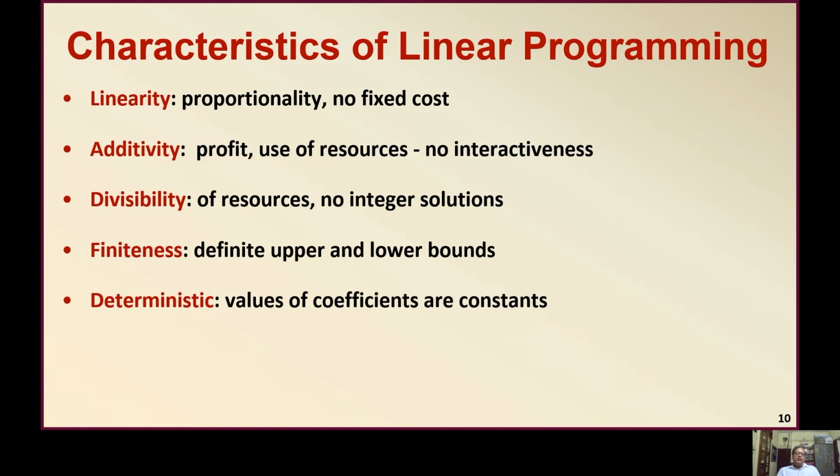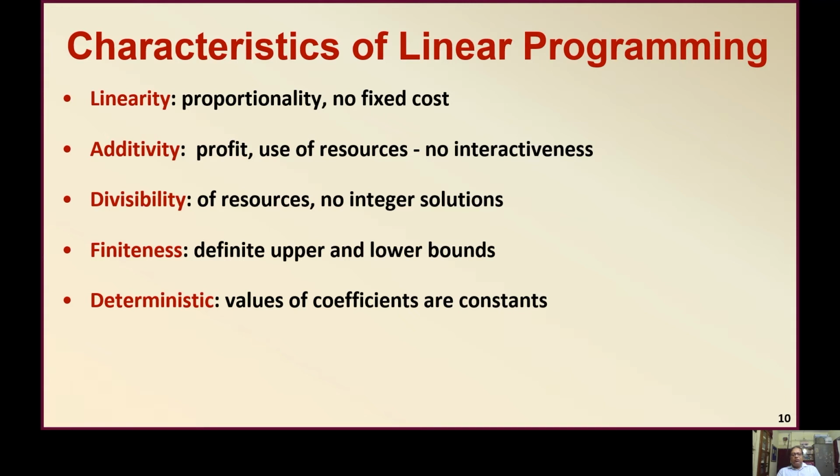Divisibility essentially means that there are no integer restrictions. If you are making tables and chairs, 7.2 tables and 8.31 chairs are perfectly acceptable. You may be thinking, fractional numbers of chairs and tables, fractional numbers of people, why should we accept them? If we are not interested in accepting such solutions, then we say that the divisibility assumption is not true.